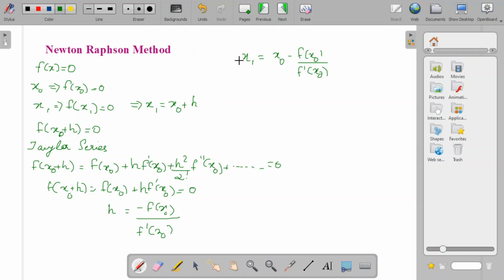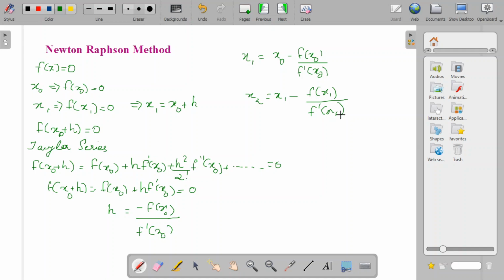With this x1, I can find x2 in the same way: x2 equals x1 minus f of x1 divided by f prime x1.